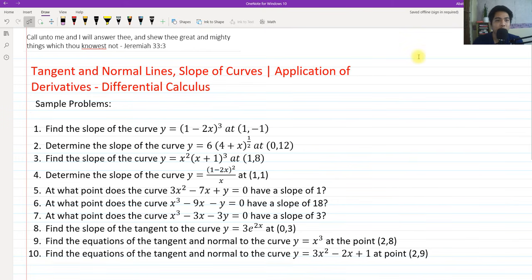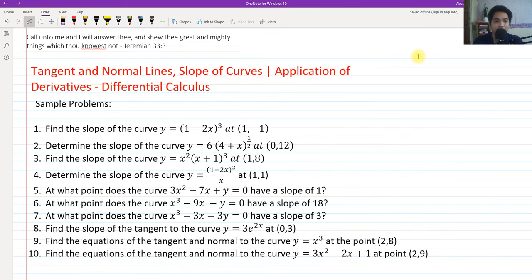Hi, so for today we're going to talk about tangent and normal lines, slope of curves, and this is a part of the application of derivatives, and this is still a part of the differential calculus tutorial in our series of differential calculus.